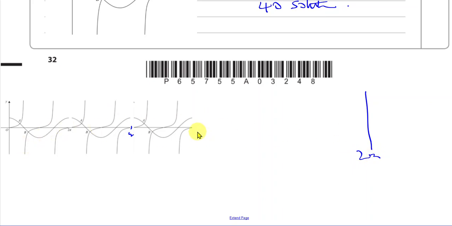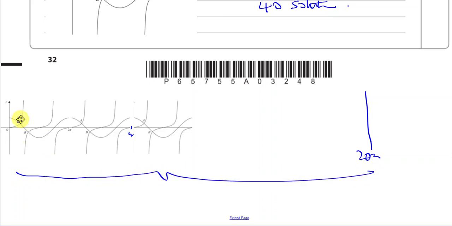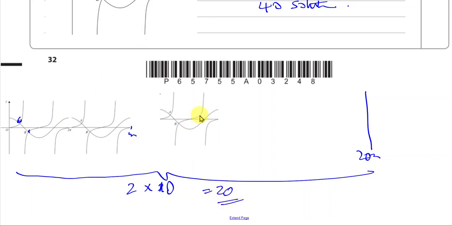You're going to have 10 of these, because 2 pi fitting into 20 pi is 10 times. So you'll have 10 times 2 places where they intersect. So it's going to be 2 times 10, which is 20 solutions.